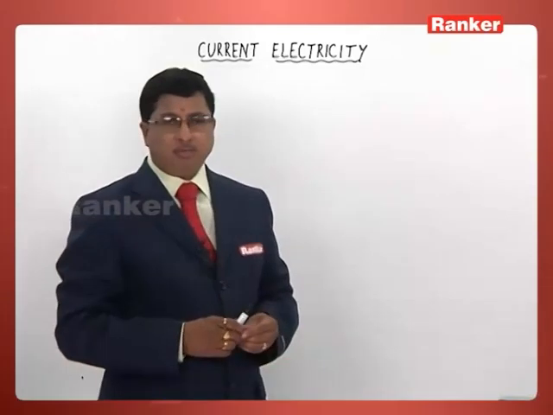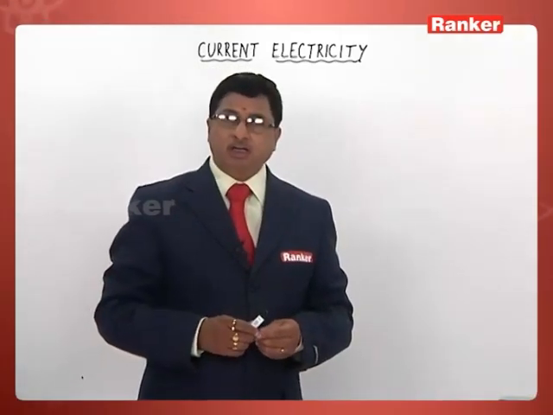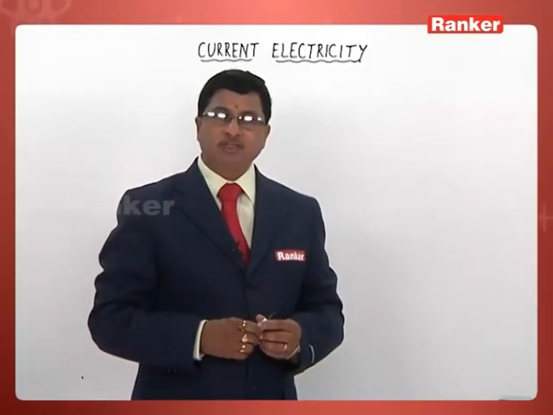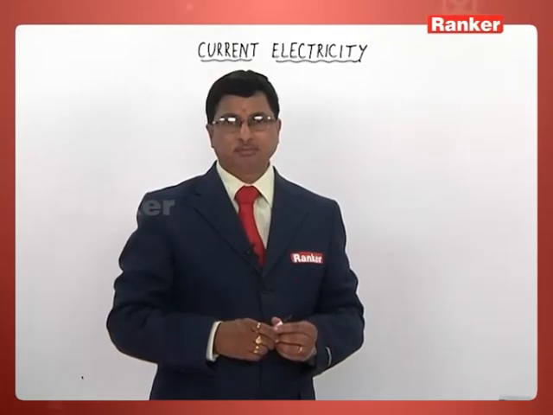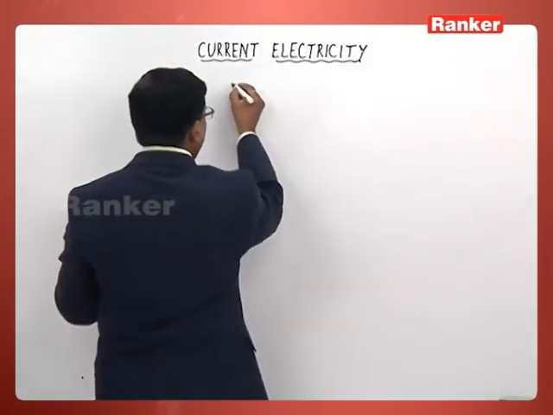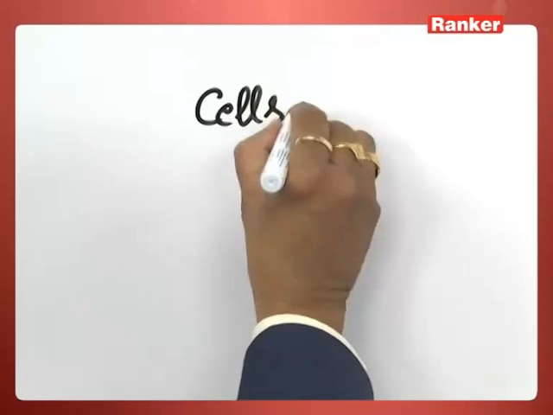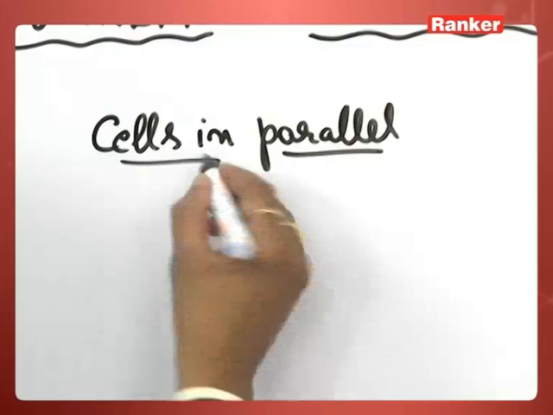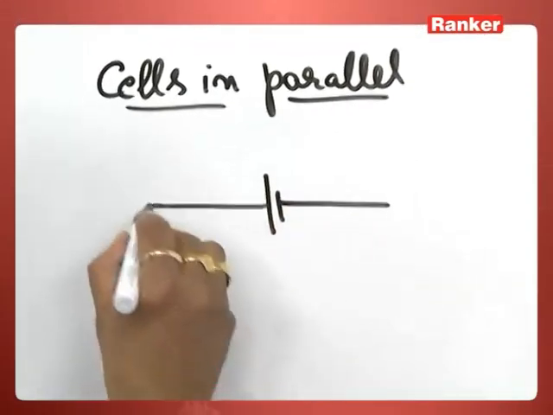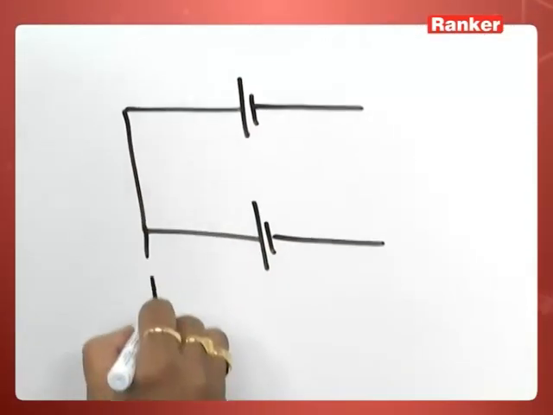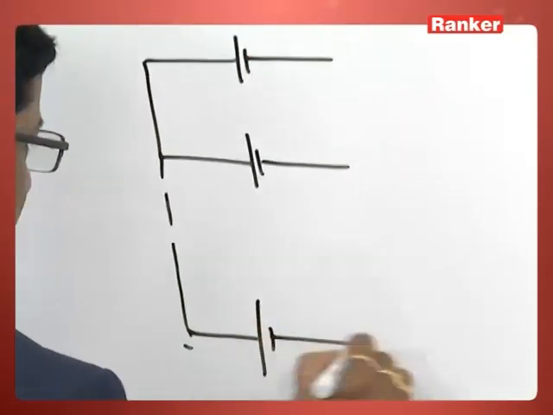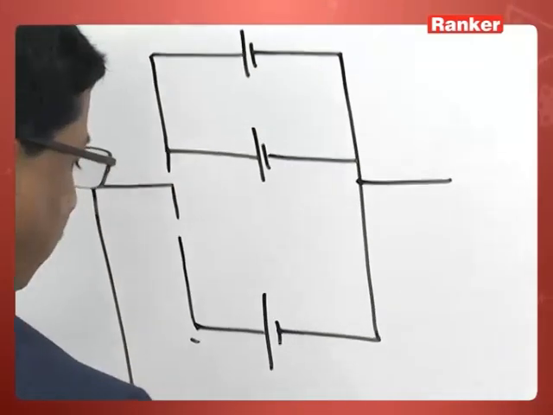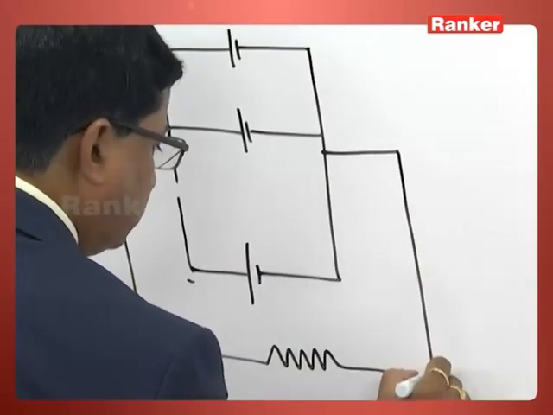In the same manner, when cells are connected in parallel, what would be the current across the resistance connected in the circuit? So cells in parallel, we now have few cells connected like this, all in parallel, and an external resistance is connected across this one like this.